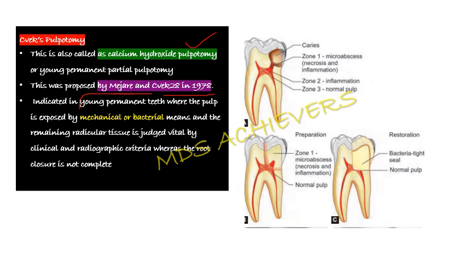Here, that is nothing but apexogenesis. Young permanent teeth does not mean a young child. It actually means the tooth that has erupted into the oral cavity without completion of root formation. That should be understood.